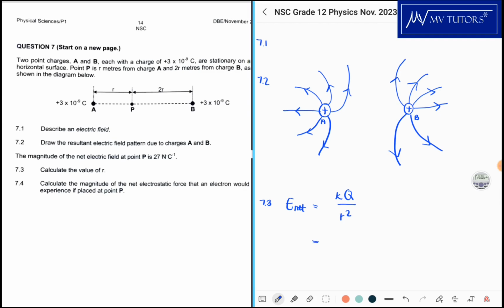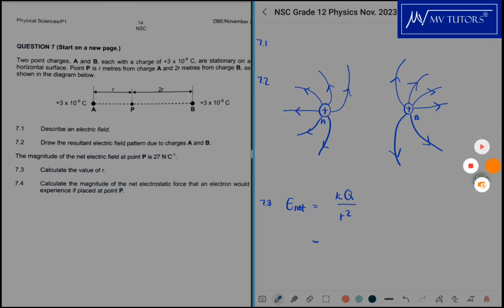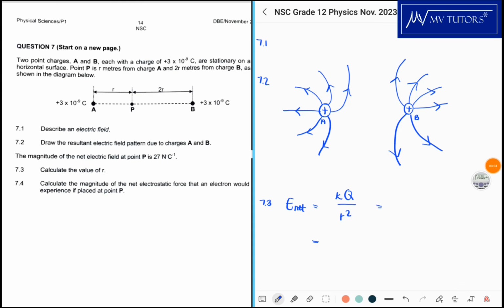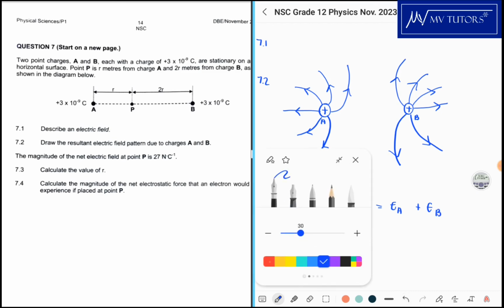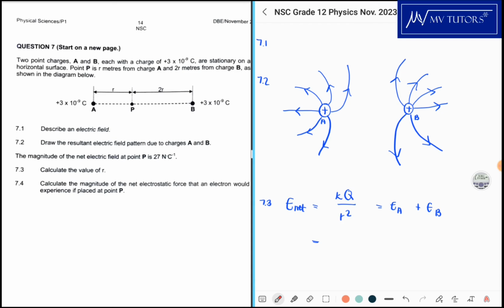But before we go there, we first need to write down the electric field for A as well as B. Sorry, here I wrote A again, I just wanted to put B. If I look at my lines, these ones go to the left and push away, and these go to the right and push away.